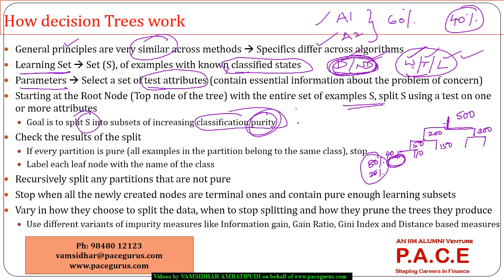There are different measures of purity. Entropy and information gain are some of the very commonly used measures of purity. But let's try to understand that the goal of any decision tree is to increase the purity of classification.